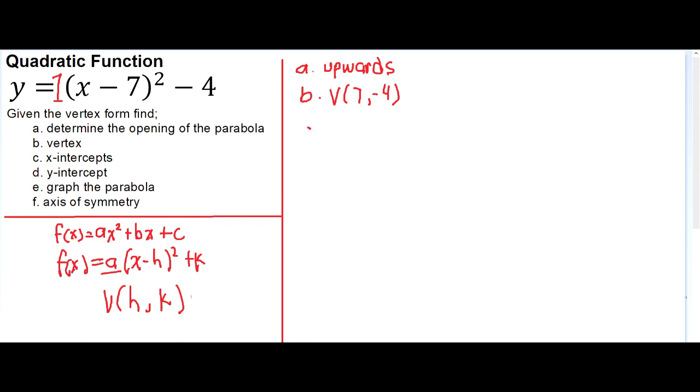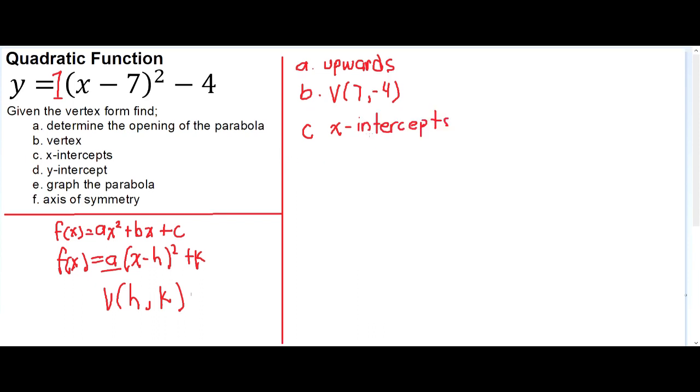Now, let's proceed to C, your x-intercept. Paano mo kukunin ang x-intercept? In order to get the x-intercept, you have to change your f of x ng 0. Since ang kailangan natin kunin is yung value na x, kaya nga siya tinawag na x-intercepts.